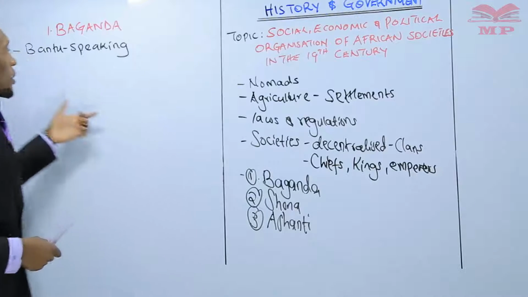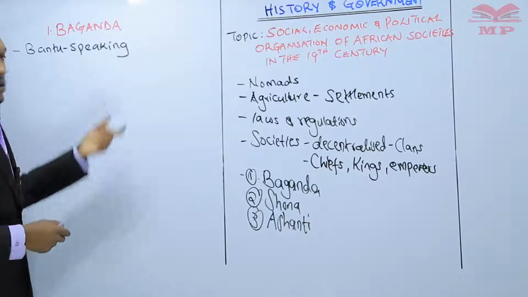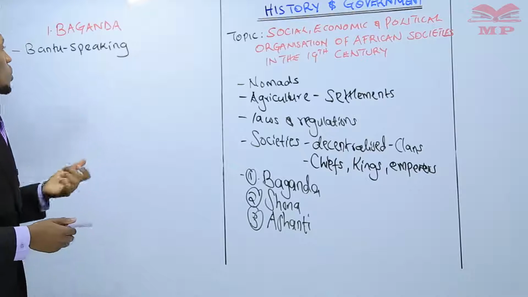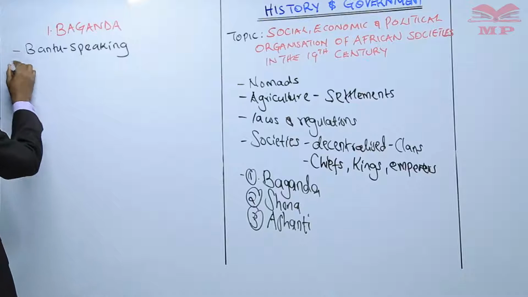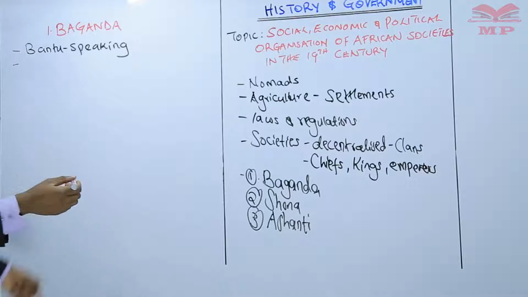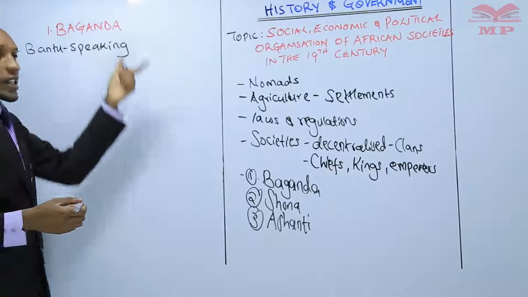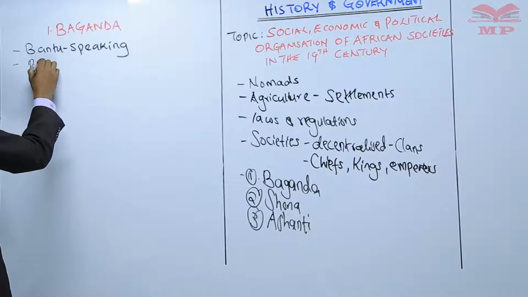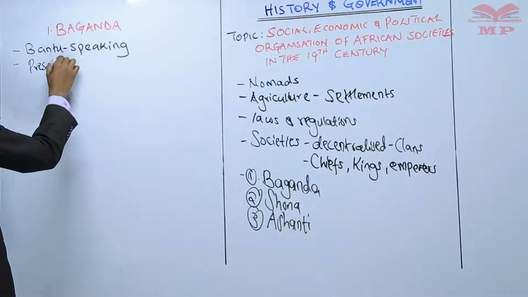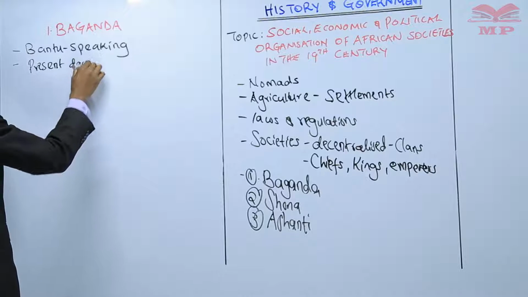But now, when they settled, they settled in what we refer to today as Uganda, right? If you are to trace the Buganda Kingdom today, it is found in present day Uganda.